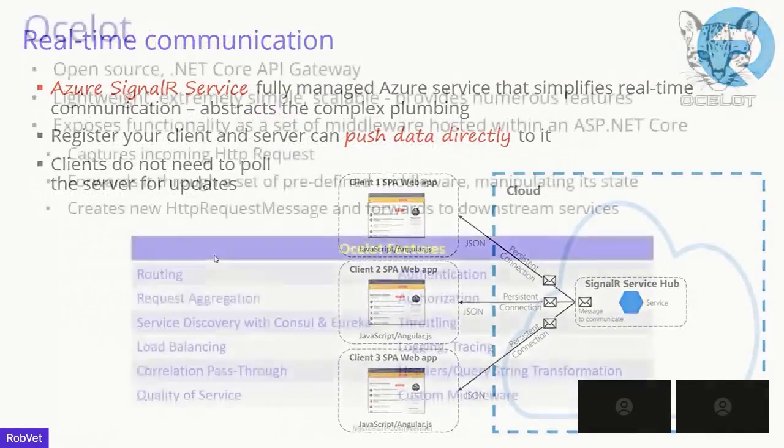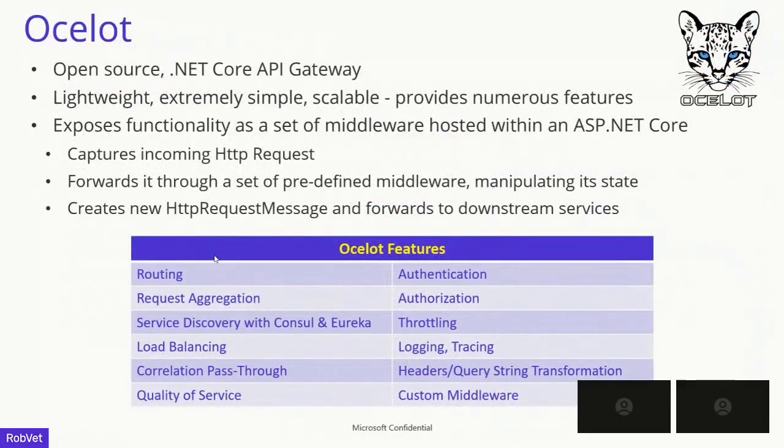There is also something here called Ocelot. Ocelot is an open source .NET Core API gateway. It's been out there for quite a while. It's used quite a bit. We looked at it about a year and a half ago. I think since then it's come a long way. Lightweight, it's fairly simple to use. It is scalable.